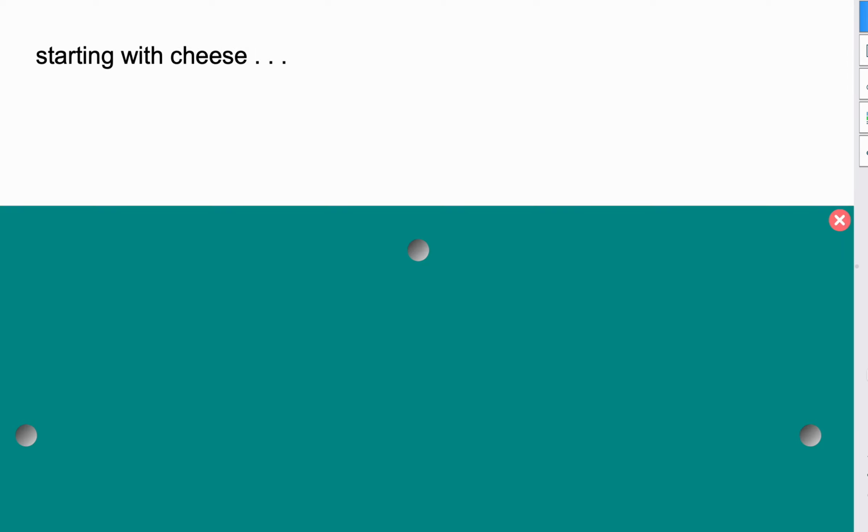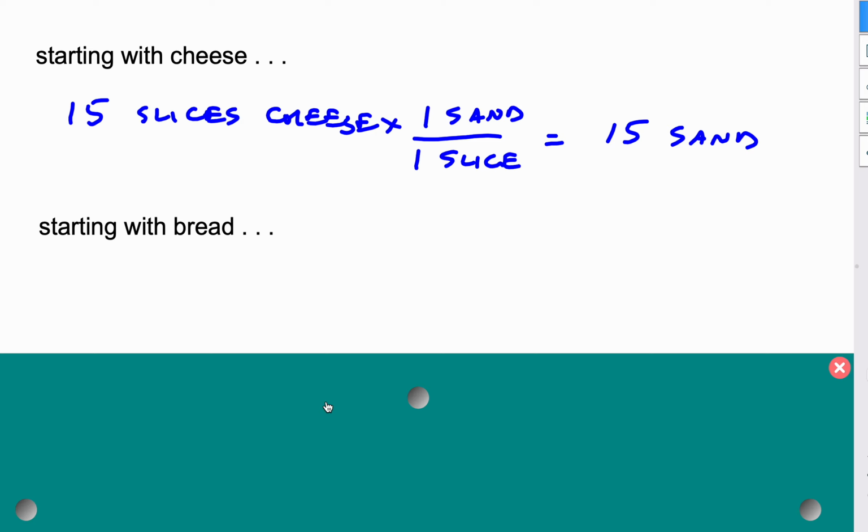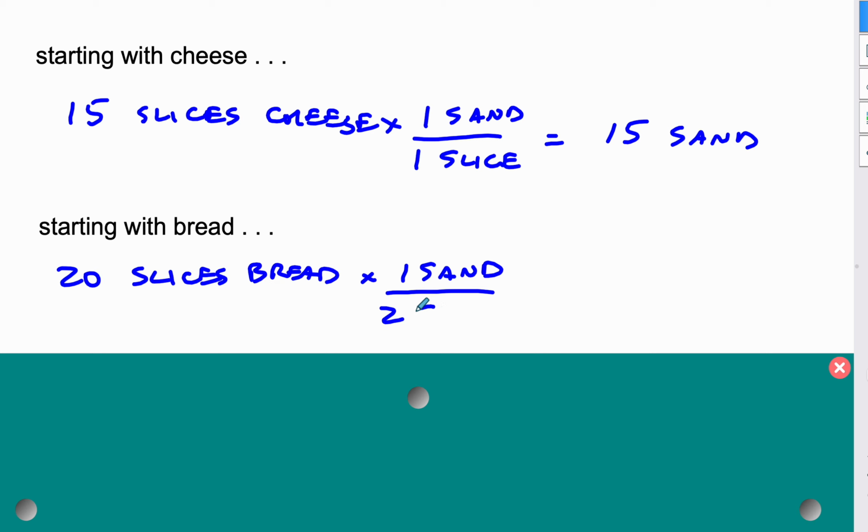So, if I start with cheese, I said I had 15 slices of cheese times 1 sandwich per 1 slice of cheese. That means I could possibly get 15 sandwiches. But if I start with bread, 20 slices of bread times 1 sandwich per 2 slices of bread, that's only 10 sandwiches.